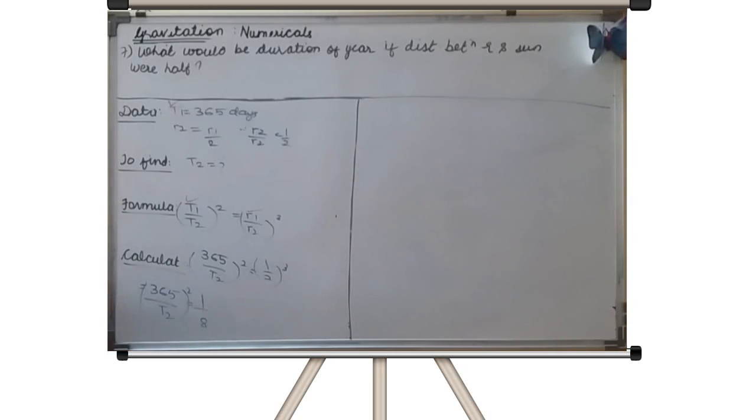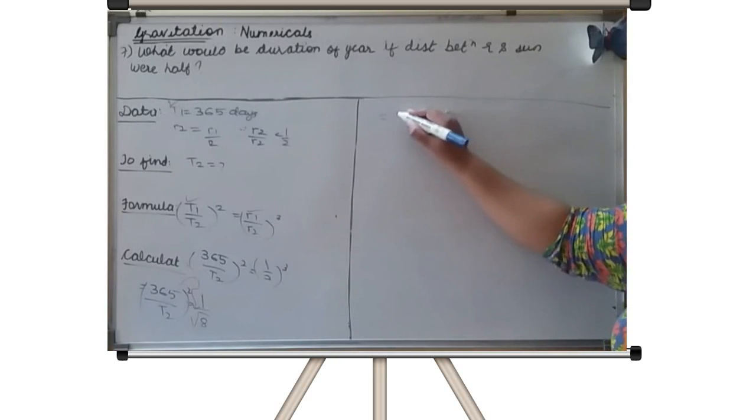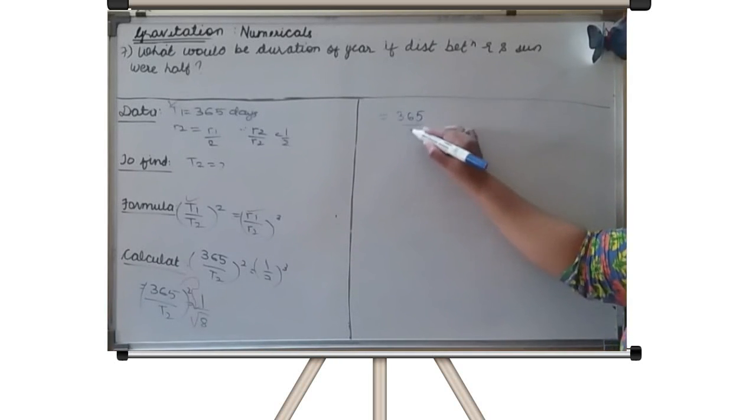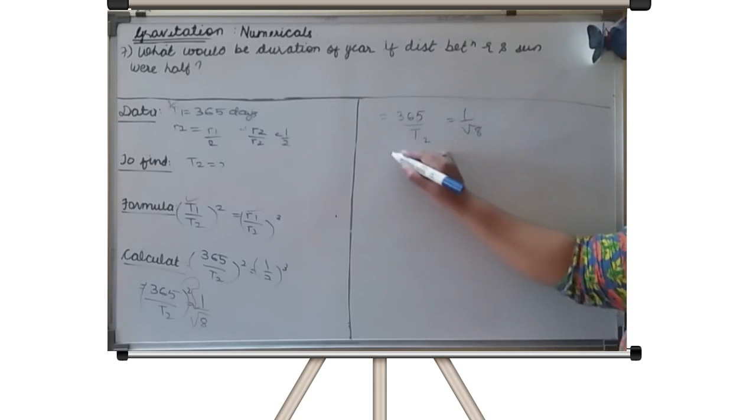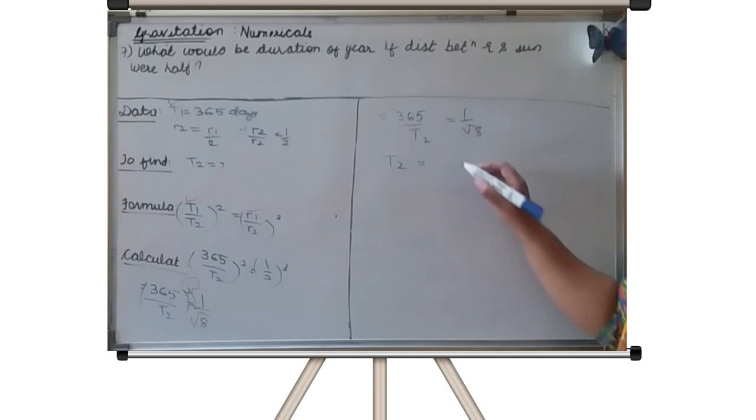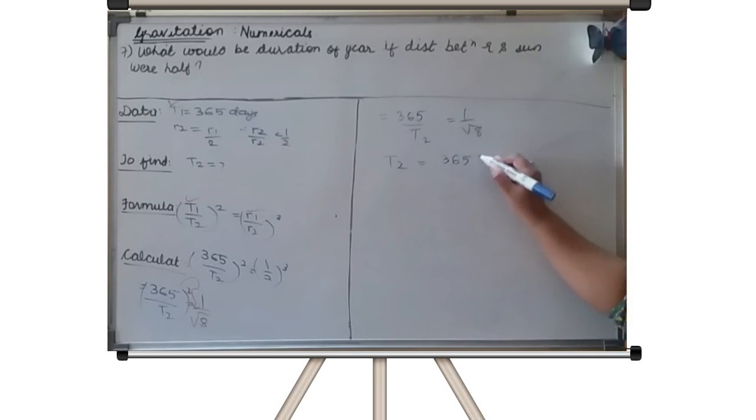What we will do, we will transfer this square and make this 8 root 8. Since root of 1 is 1, this becomes 365 upon T2 is equal to 1 upon root 8, but we need T2. So T2 is equal to 365 into root 8 upon 1, taking the value of root 8 and dividing by 1.